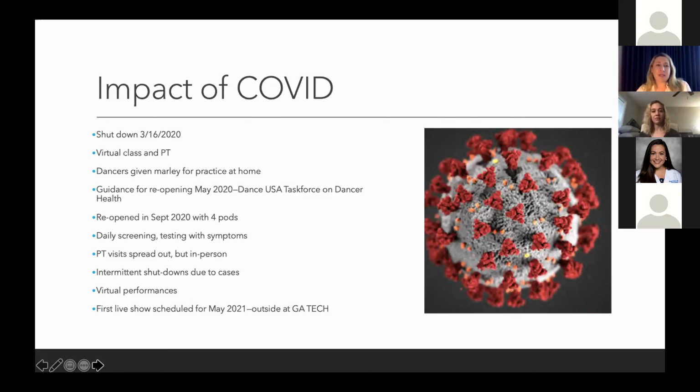They came back taking just class at the very beginning and then slowly transitioned into dancer-based choreography. So they were able to do a few virtual performances here in the past few months, and even back in the fall with some dancer-based choreography where they were actually getting to choreograph on their colleagues.